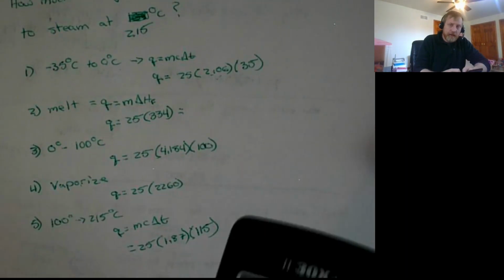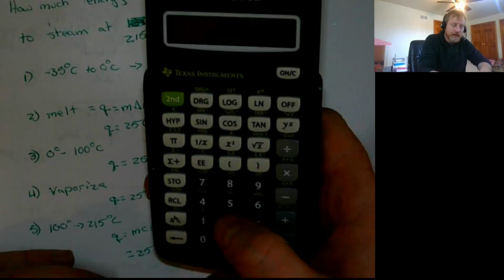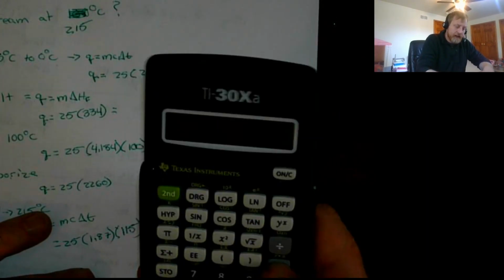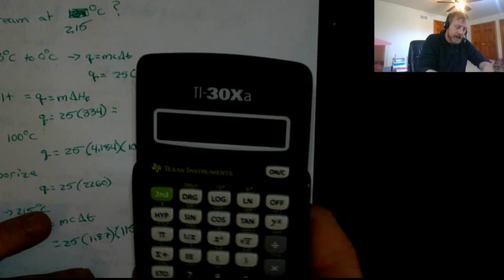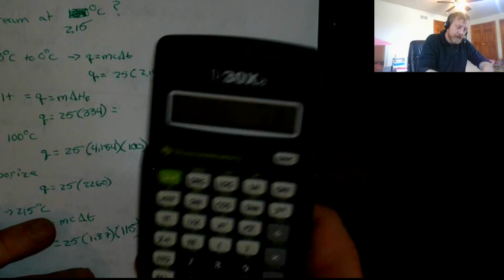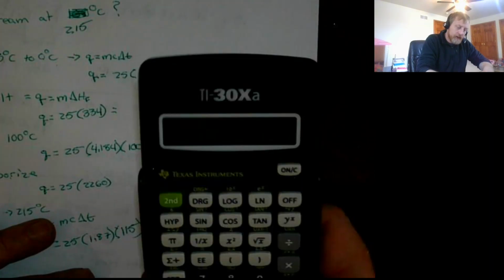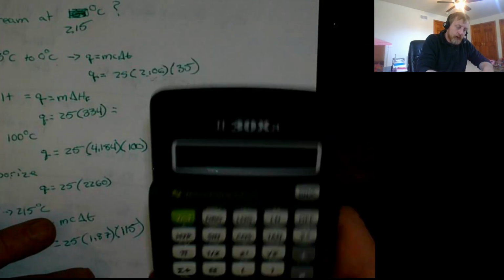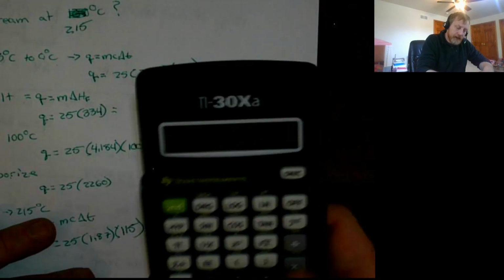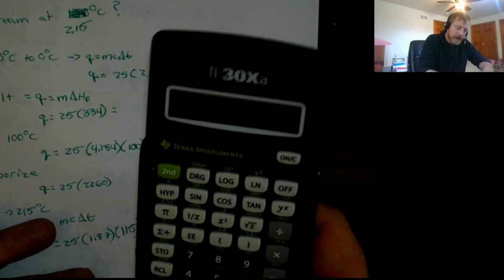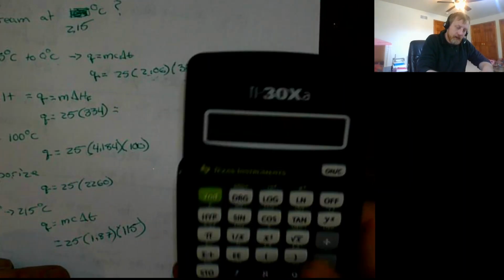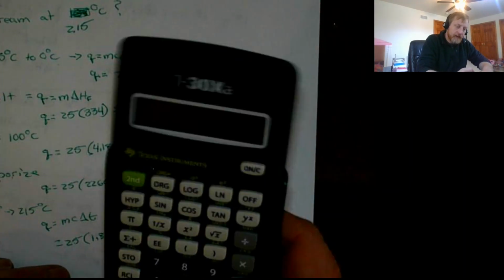So I'll show you that you can do this all in a row. 25 times 2.06 times 35 plus 25 times 334 plus 25 times 4.184 times 100 plus 25 times 2260 plus 25 times 1.87 times 115 equals.